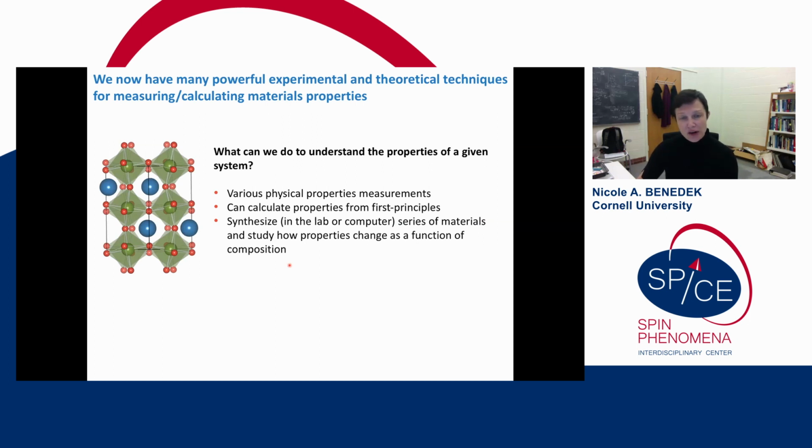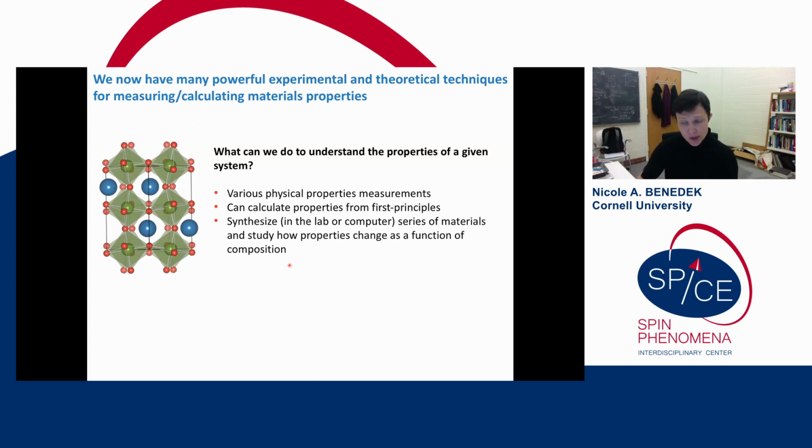We can do various physical properties measurements. We can calculate various properties with higher accuracy than ever. We can try changing the composition and studying how the property of interest changes as a result. You can do all of those things.